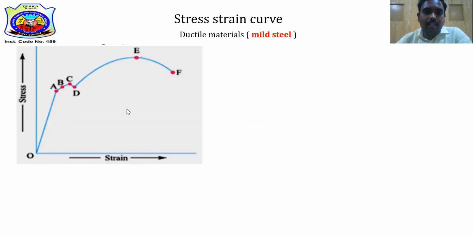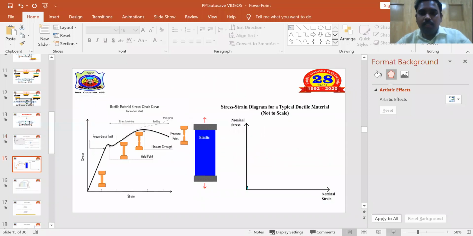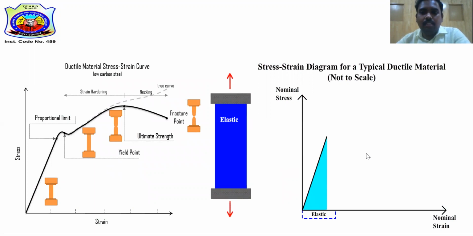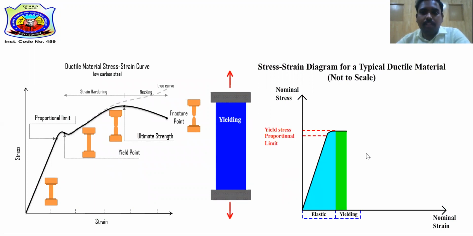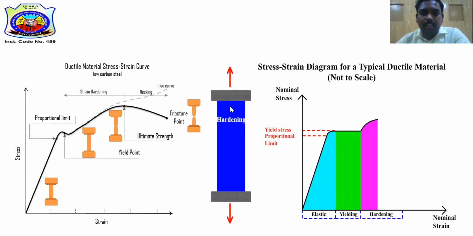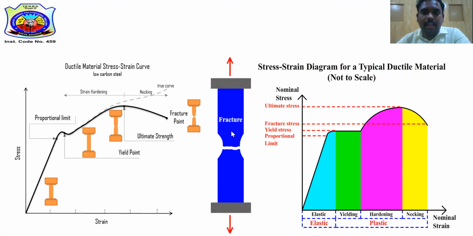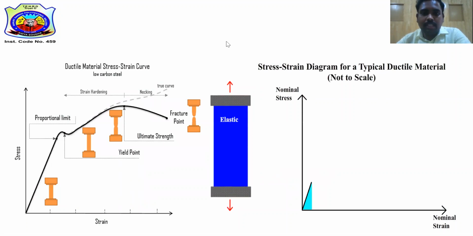Before understanding this curve, first we need to understand how we got this curve. To understand this, we need to observe this slide. This is an animated picture, and it is very important. See here in the middle, this is the workpiece. I'll take mild steel as an example. I am applying a tensile load on both sides, on top and below.